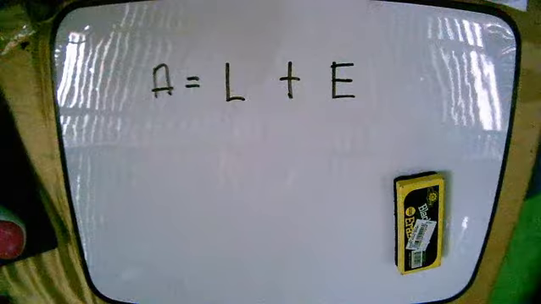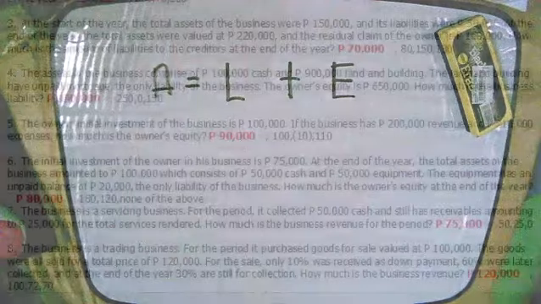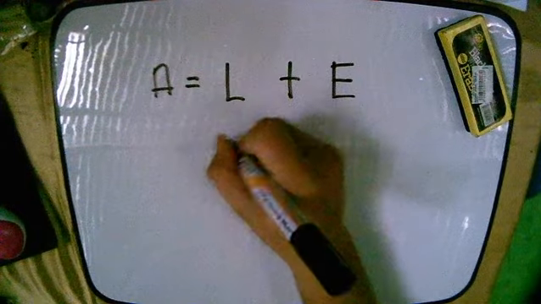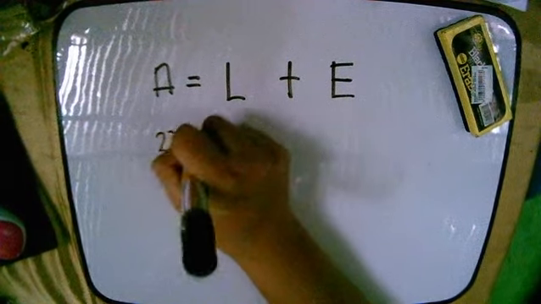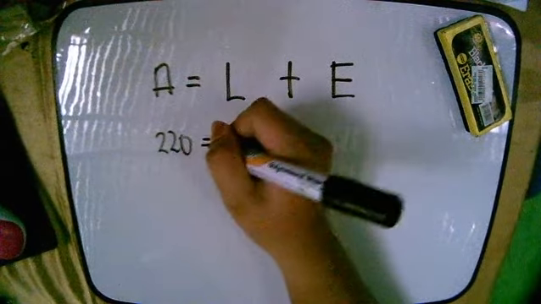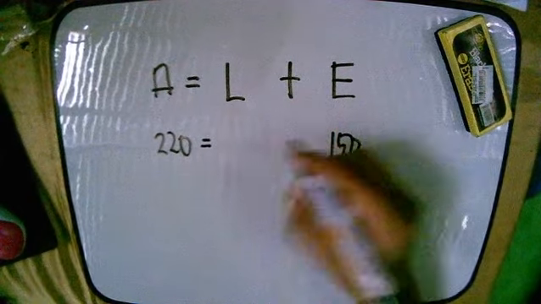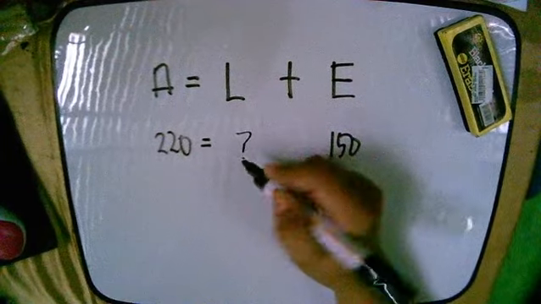Again, since ang question is end of the year, i-ignore natin yung unang given. So, ang sabi sa ating problem, at the end of the year, the assets were valued at 220,000. Assets daw is 220,000. And the claim of the owner, which is the capital, is 150,000. Ang question is, magkano daw yung ating liability?